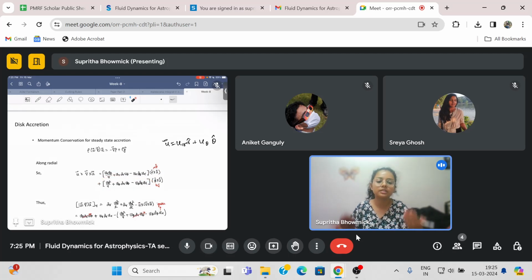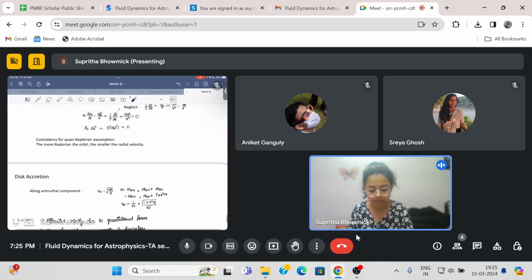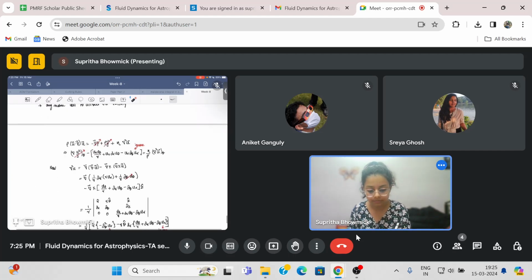But now since we're doing the azimuthal component, we will take this term and write this over here. All right. So on the right hand side, we have the viscosity term. We've just moved this rho to the right hand side to write eta by rho and a Laplacian of u. But we have not computed Laplacian of u, so let's do it now.